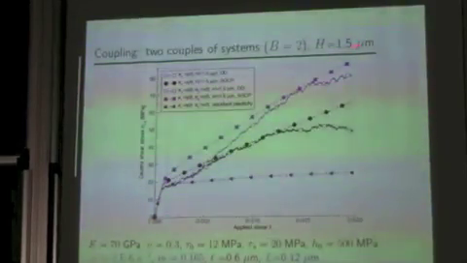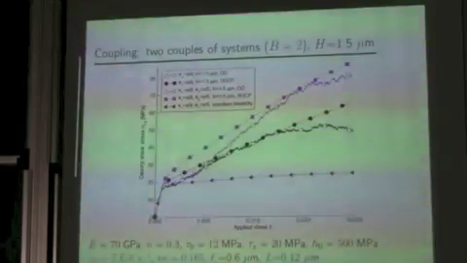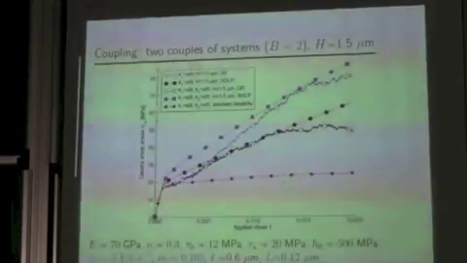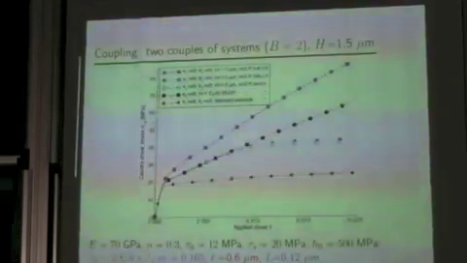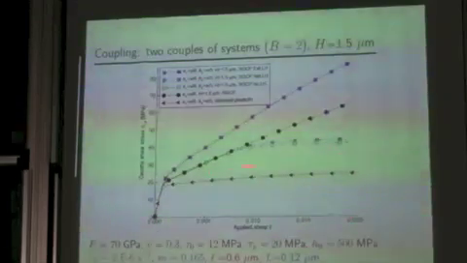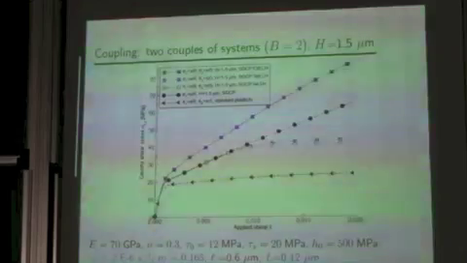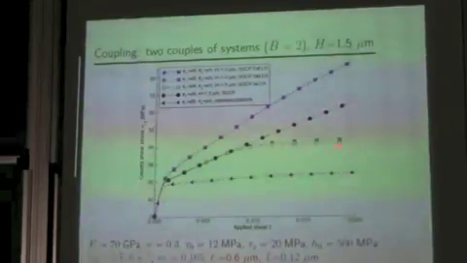And here are the results just for one strip with one couple or two couples. Since I'm running out of time, let me jump to some idealized problem. First, let me show what we observe for this strip A 1.5 if we don't put in our strain gradient extension of the latent hardening, either no latent hardening or standard latent hardening.